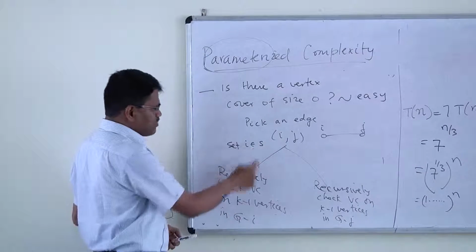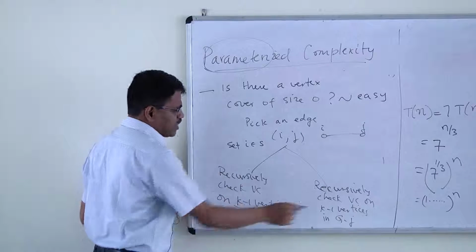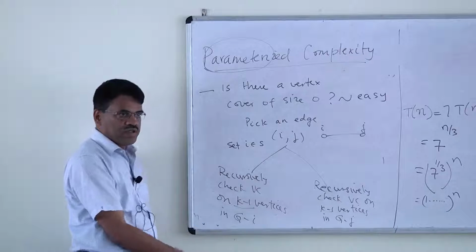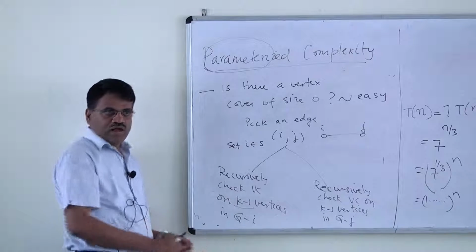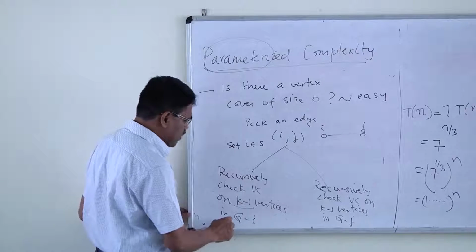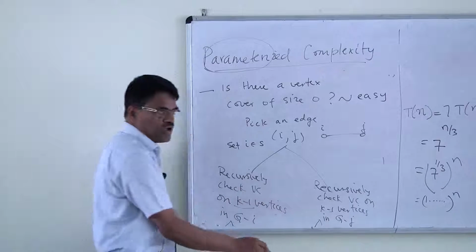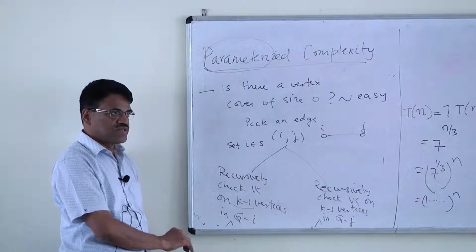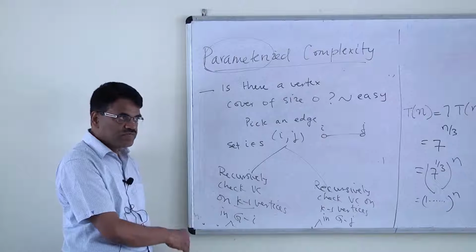The k drops at every step because I am looking at k minus 1. In the next step, I pick some other edge in the graph G minus i, try one with this vertex, try another, so it's a 2-way branch at every step. And when does it stop? What is the base case of this recursion?